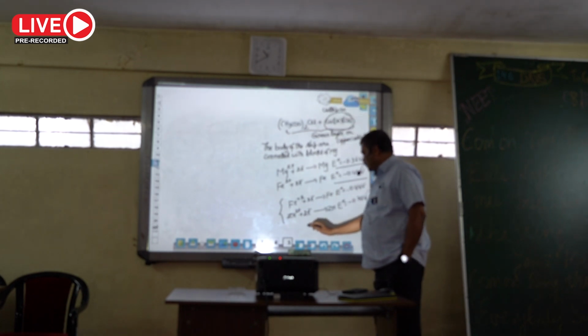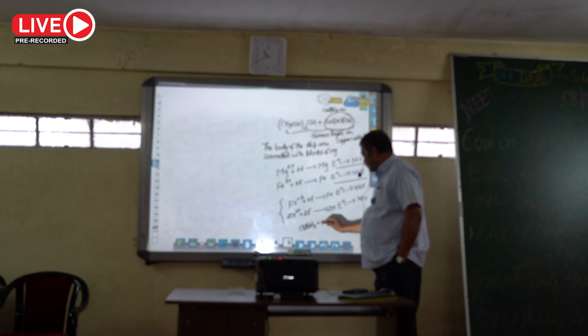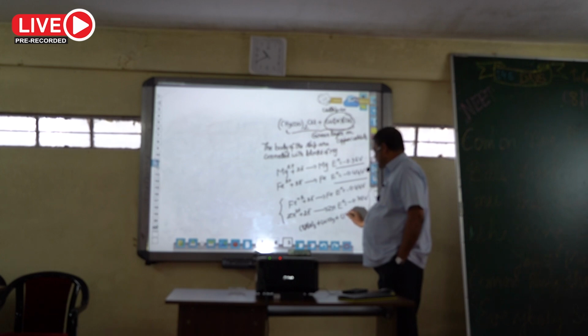I will separately write it. It is CuOH twice plus CuCO3 plus CH3COO twice Cu.